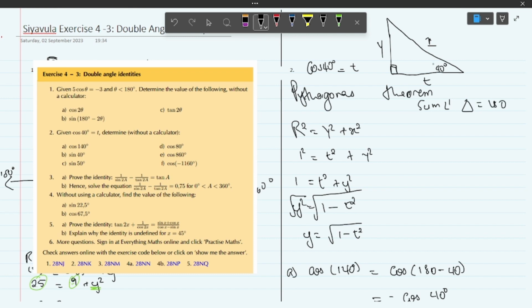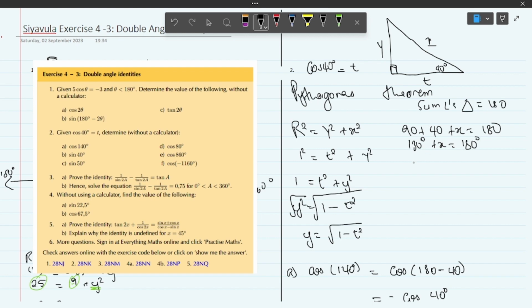So we're going to say 90 plus 40 plus x is equal to 180. So this is 130 altogether, 130 degrees plus x is equal to 180 degrees.